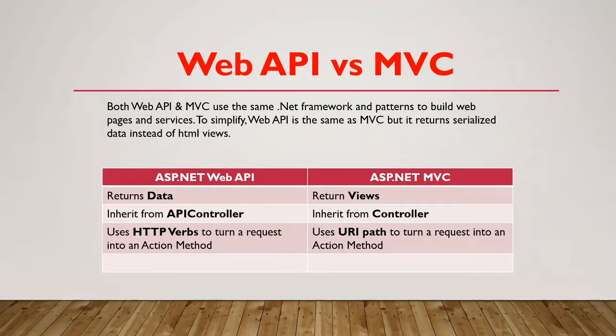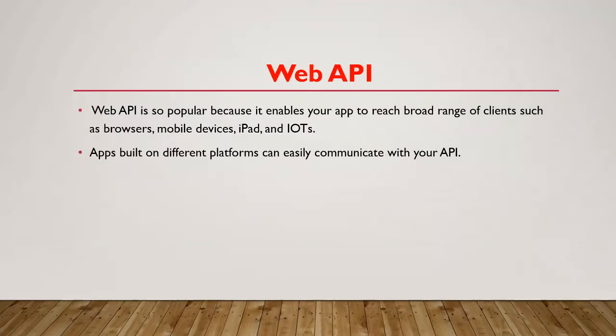Also, MVC controllers inherit from the Controller base class, while Web API controllers inherit from the ApiController base class. And Web API uses the HTTP verbs to turn a request into an action method. On the other hand, MVC uses the URL path to turn a request into an action method.